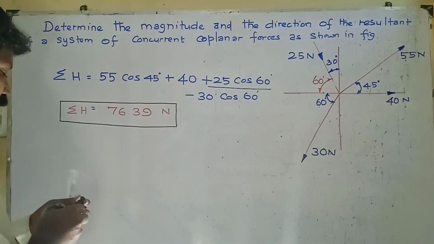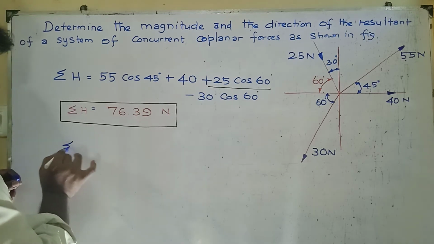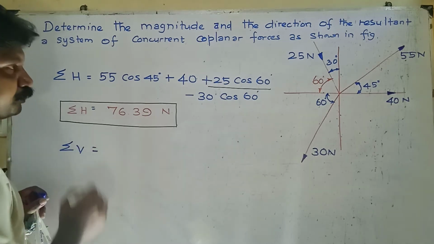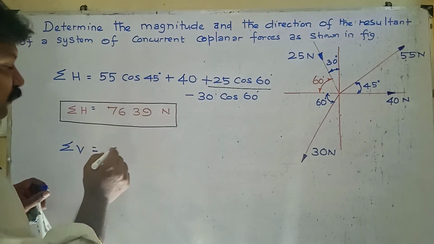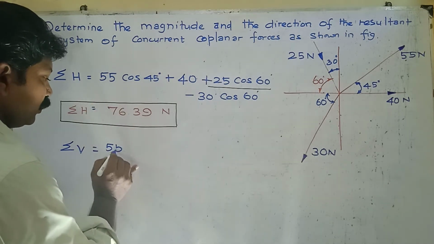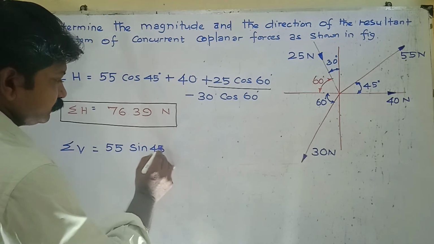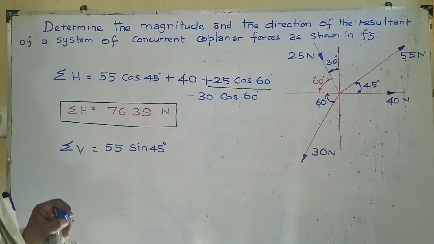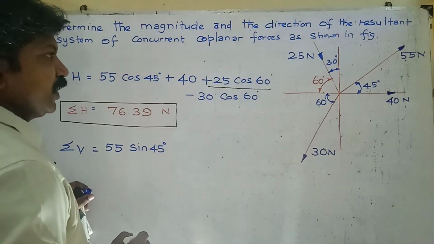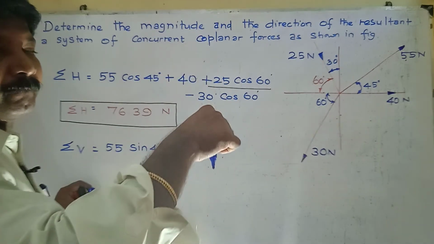And then sigma V. Next you have to find sigma V. What is sigma V? Algebraic sum of all the vertical forces. So 55 sine 45, upward positive. Then 25 sine 60 towards downward direction.